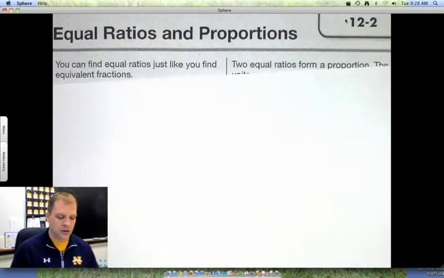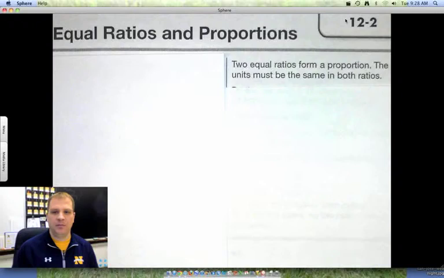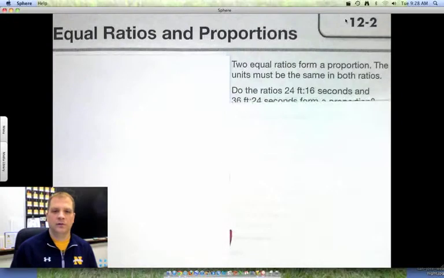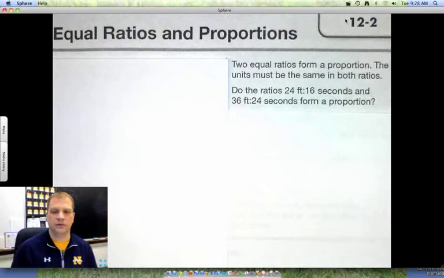Two equal ratios form a proportion, as I mentioned earlier. The units must be the same in both ratios. So if we do the ratios, 24 feet is to 16 seconds and 36 feet is to 24 seconds, do they form a proportion?